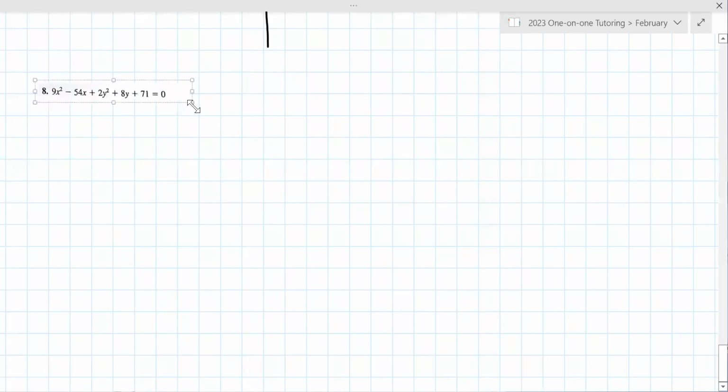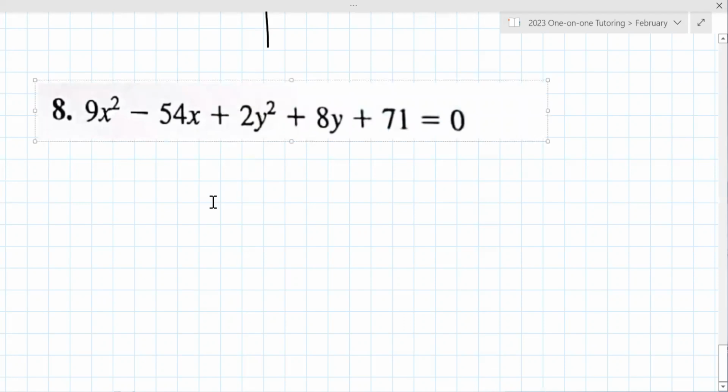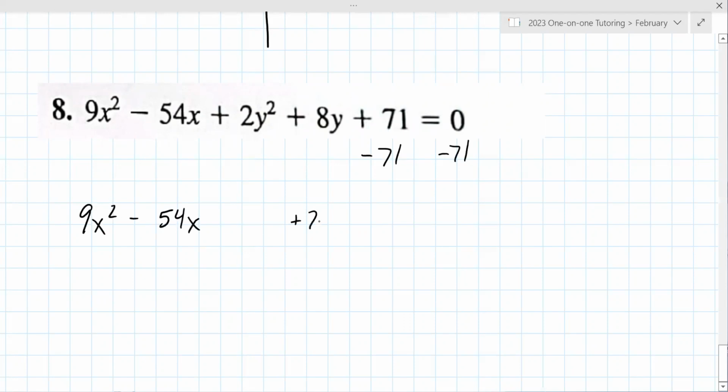All right, so again, we've got a completing the square situation. You have to move the constant over, and then you group the x terms together, leave a space. 2y squared plus 8y, leave a space.